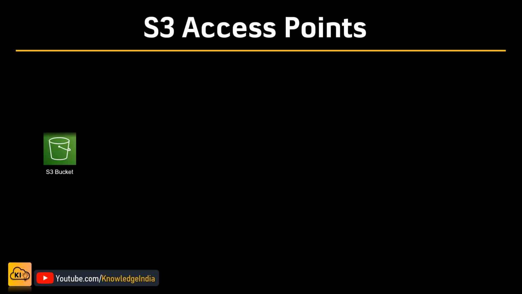So let's say you have an S3 bucket, and we have a requirement that for business unit 1, there is an application which should be able to access the files or data inside the BU01 folder. And in the same way, we have a user from business unit 2 who should be able to access the files or resources inside the BU02 folder, right?